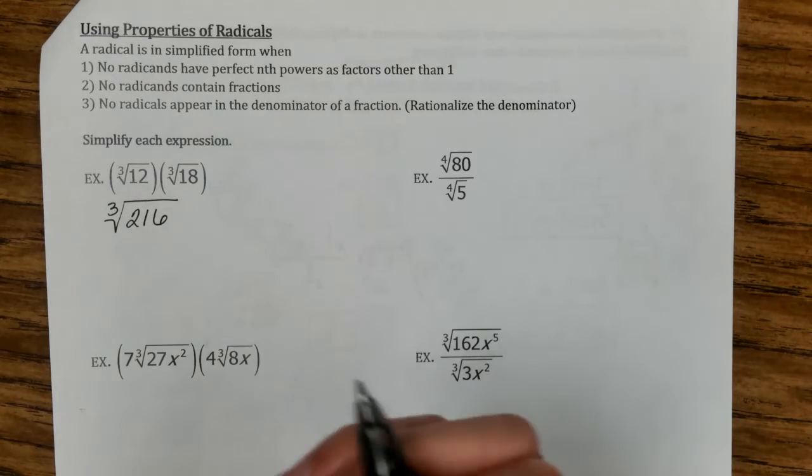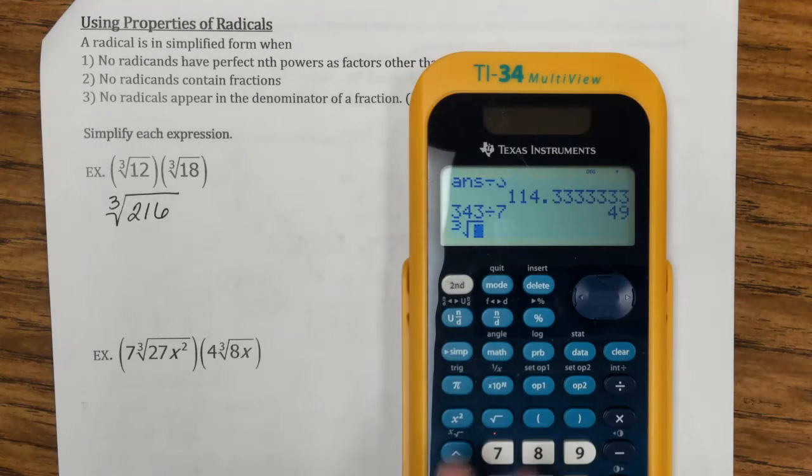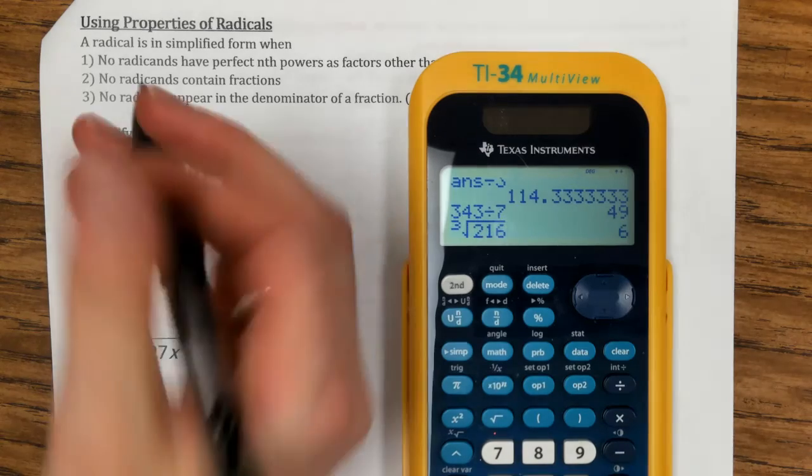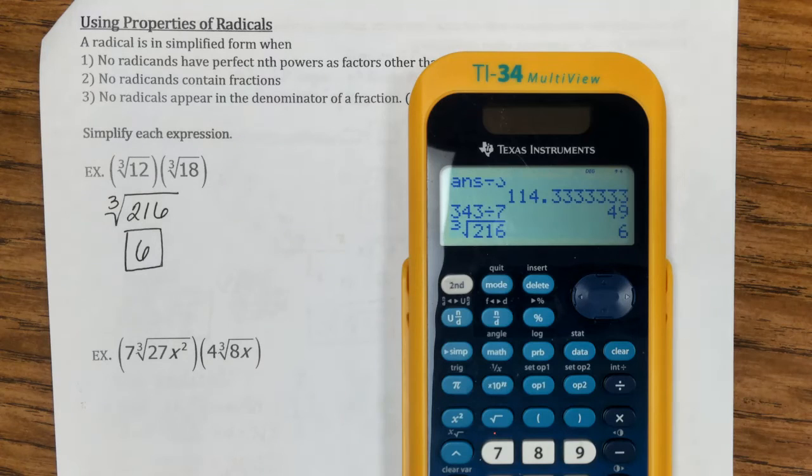In your calculator, if you don't know it, check it. You can do the cube root of 216. That gives me a 6. So that's my answer there. Sometimes it's going to be that simple. Sometimes it's not.